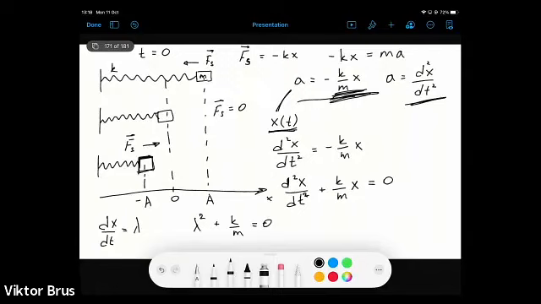Yeah, that's the rule for forming this characteristic equation, when you take into account only lambda, which is the first derivative over t, or lambda squared, which is the second derivative over t. And then next to the function itself, x, we only take into account the coefficient. So don't really ask me why it's like this.